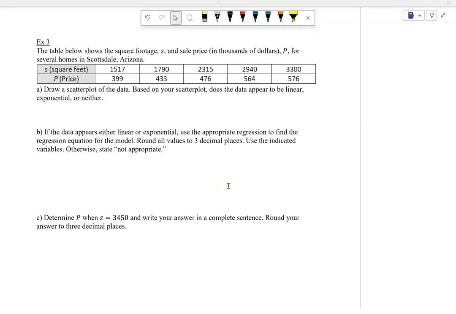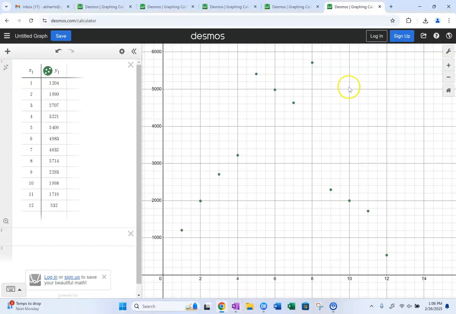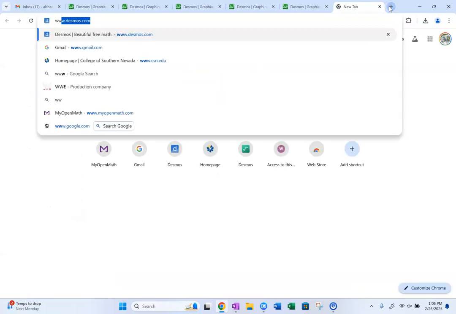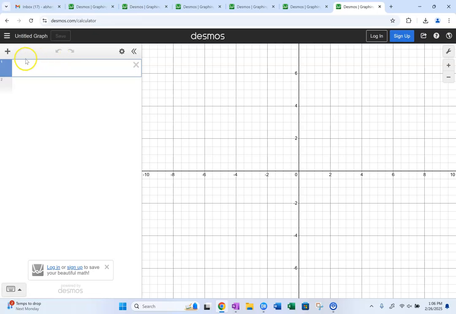Got one more here, and this is showing the square footage as it relates to the price of the home in thousands of dollars, of course, in Scottsdale, Arizona. So we're going to go ahead and pull up our decimals again, enter that data into our graphing calculator.